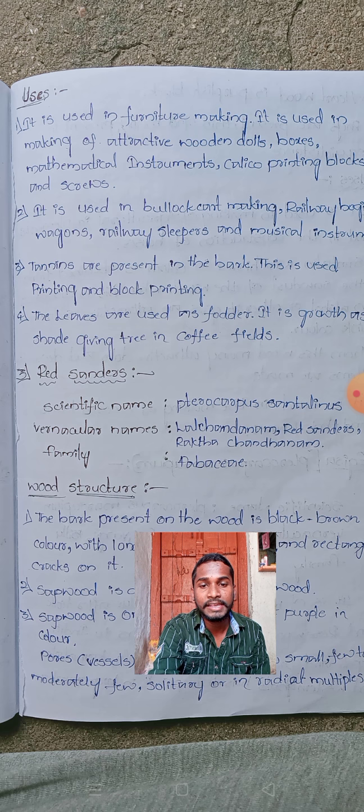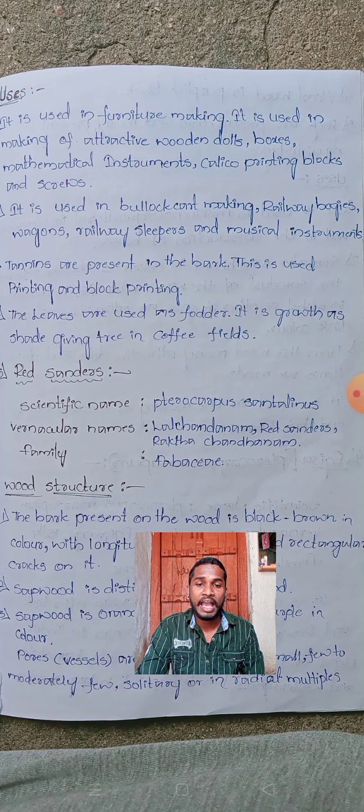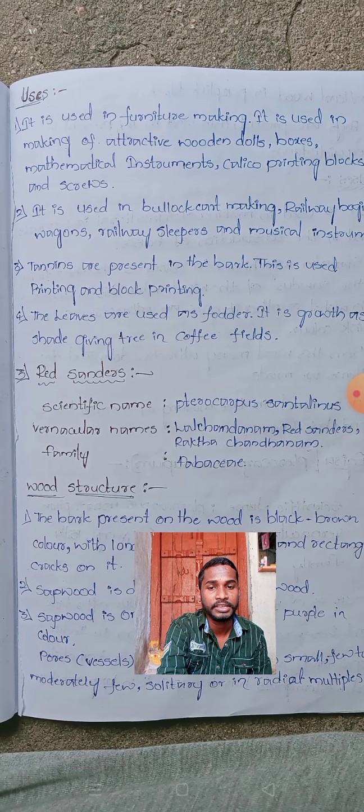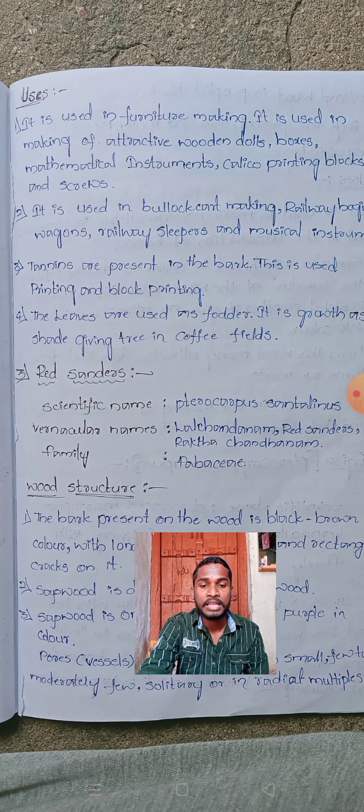The leaves are used as fodder, and it is grown as a shade-giving tree in coffee fields. This is rosewood.